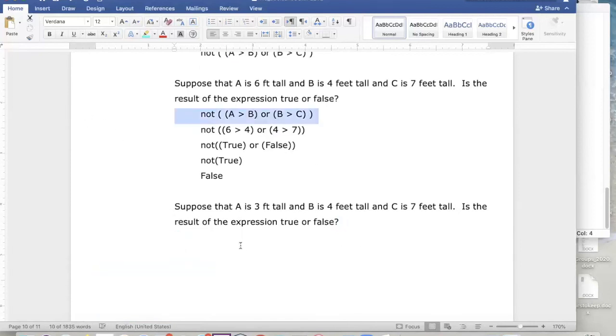Let's try that same expression again, but use some different data values. In this example, we're trying it with is 3 bigger than 4 or is 4 bigger than 7? 3 bigger than 4, that's false. 4 bigger than 7, that's also false.